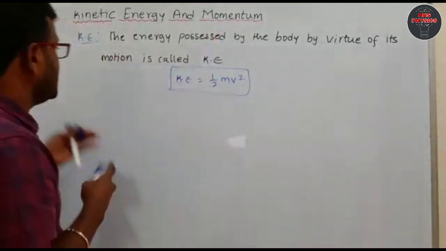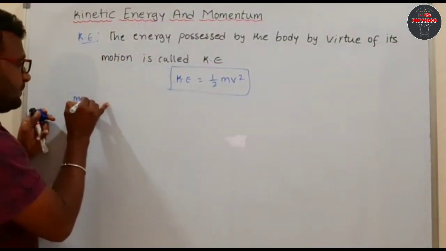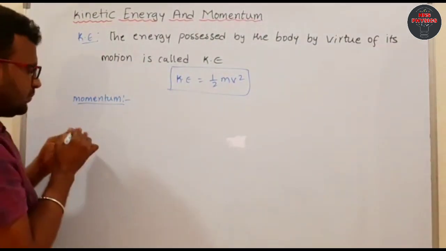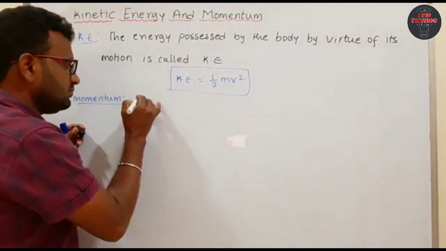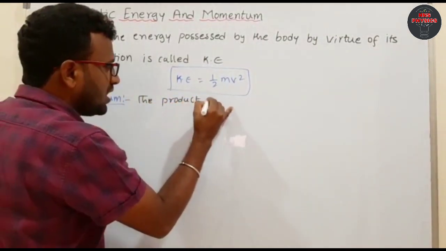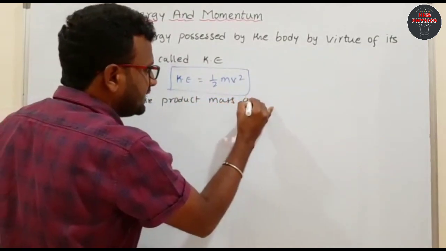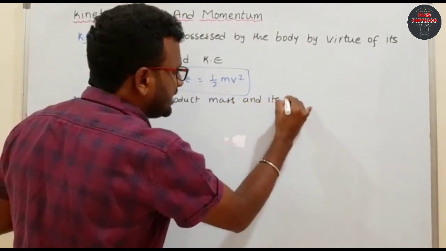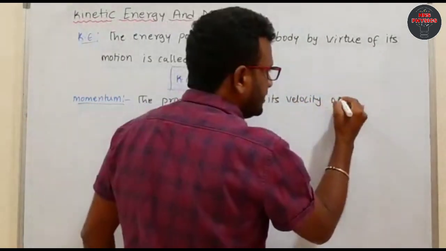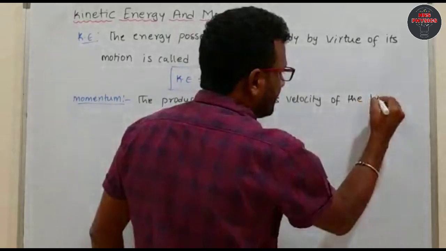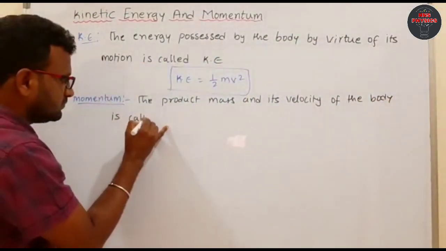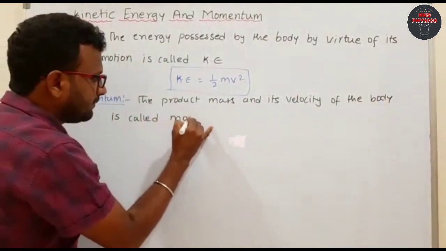The product of mass and velocity of the body is called momentum.